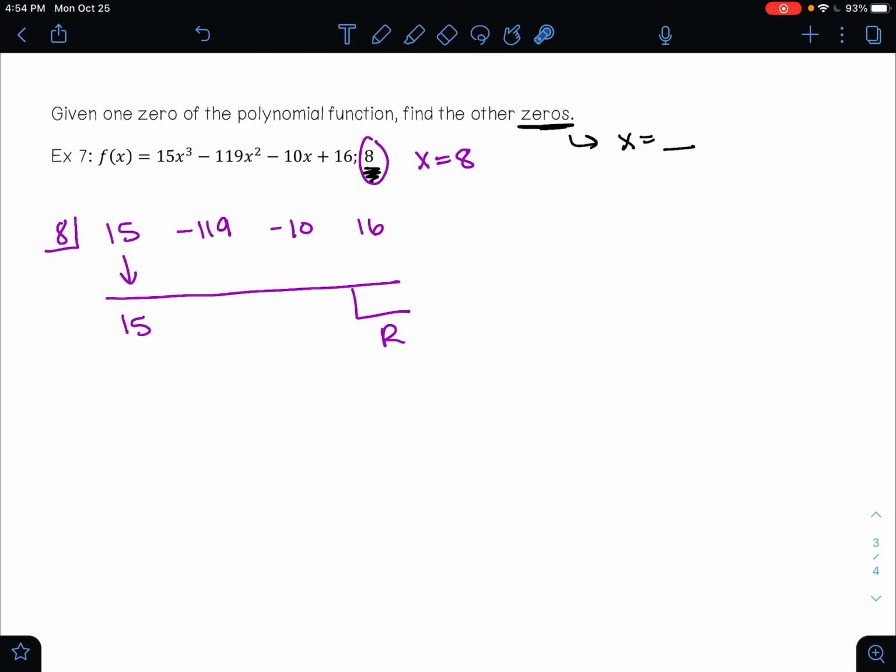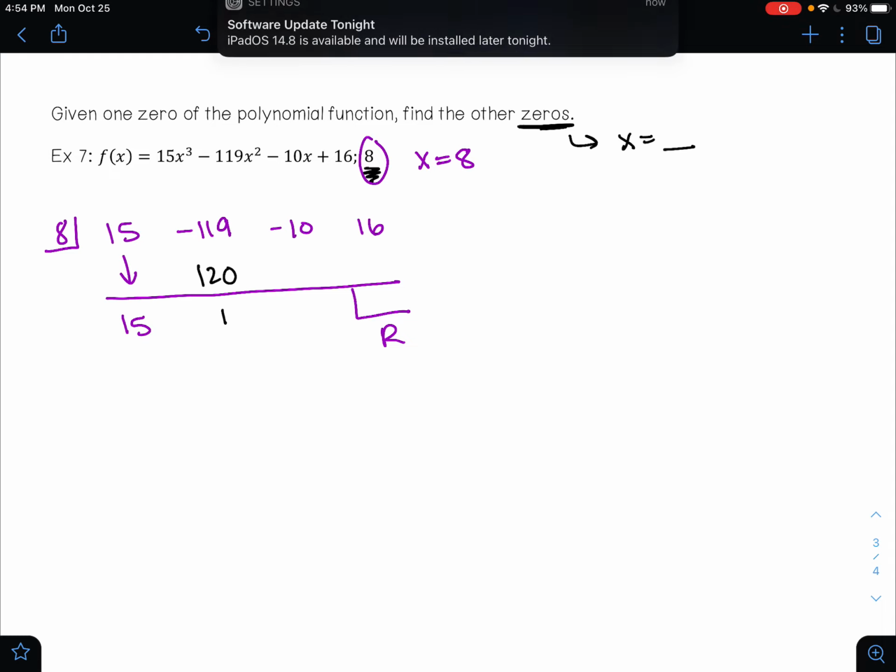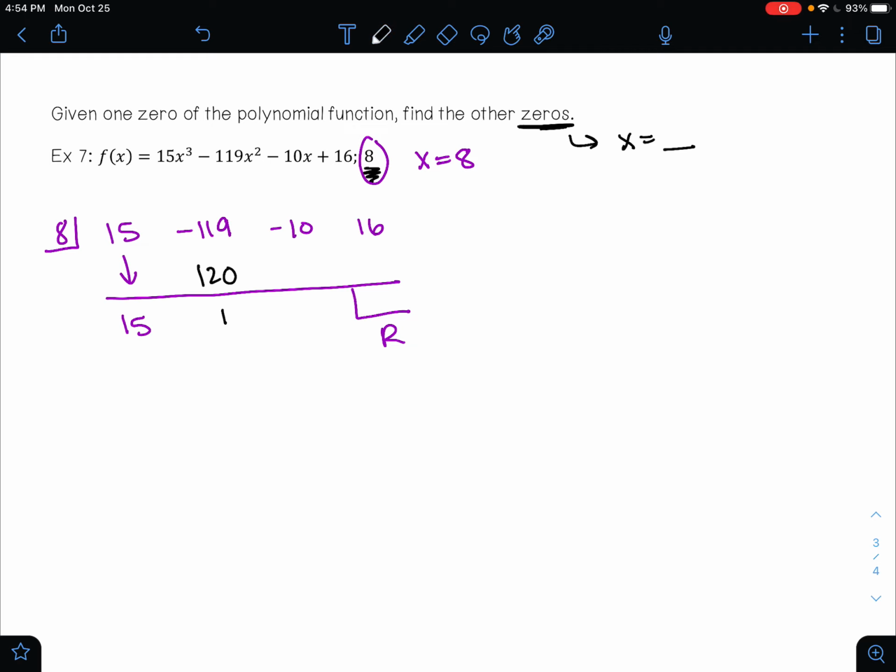8 times 15. Let me grab my calculator. 8 times 15 is 120. Negative 119 plus 120 is 1. 8 times 1 is 8.